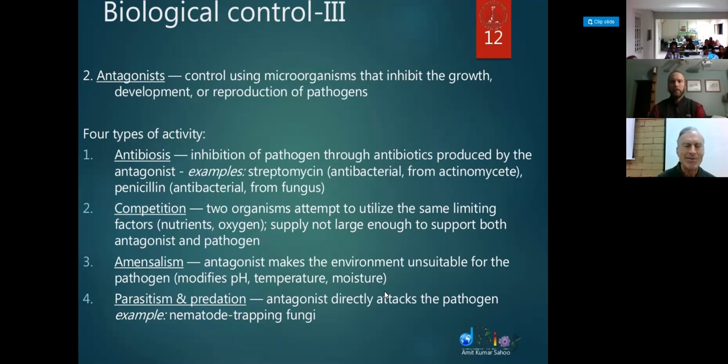That reduces the strength of the pathogen because it's not getting enough of the things that it needs, so it can reduce the severity of disease. Then amensalism, where one organism makes the environment unsuitable for the pathogen. This is what the EM does. One of the things that EM does is modify the pH, making it less suitable for a disease organism to take over.